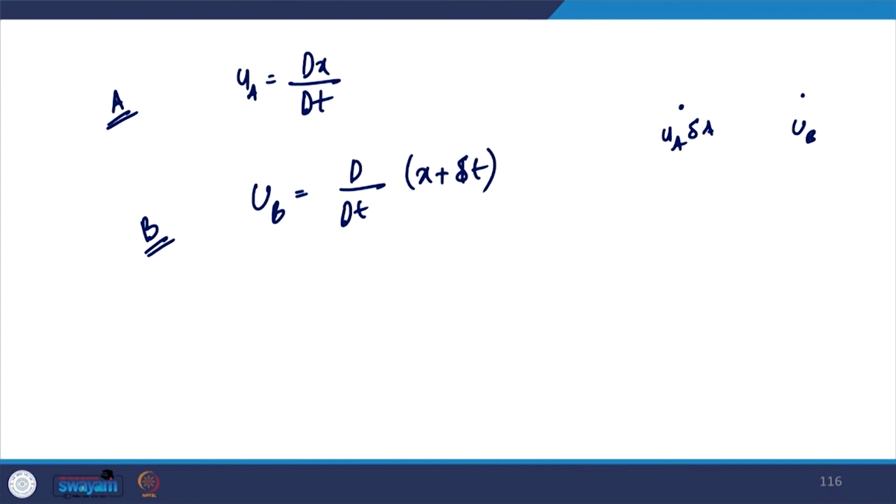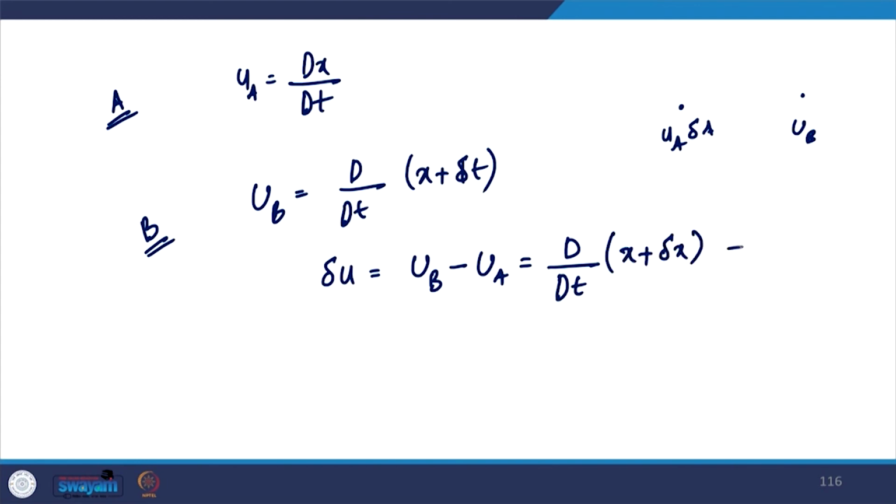So, the difference in the two speeds between ub and ua is delta u, which is equal to ub minus ua, which is d by dt of x plus delta x minus d by dt of x. So, we can write delta u is equal to d by dt of delta x.